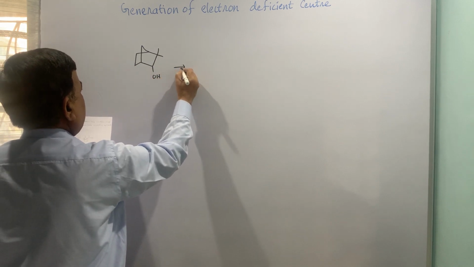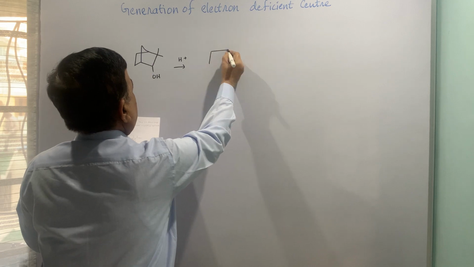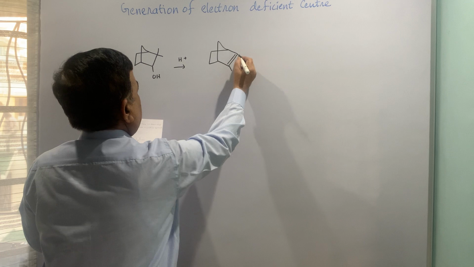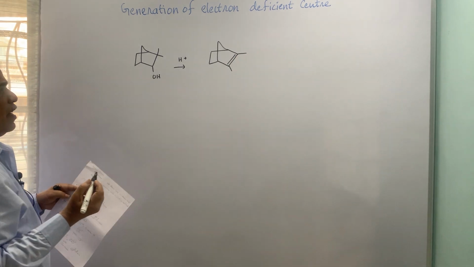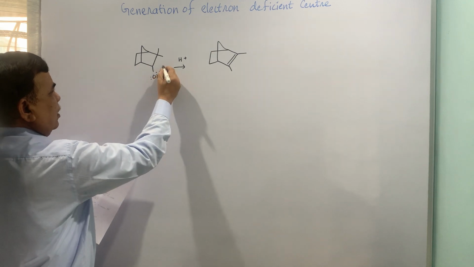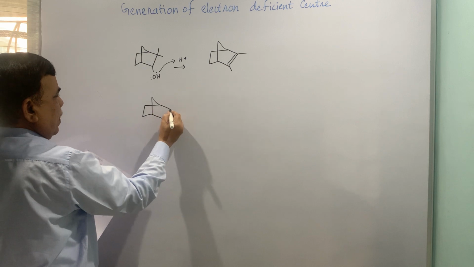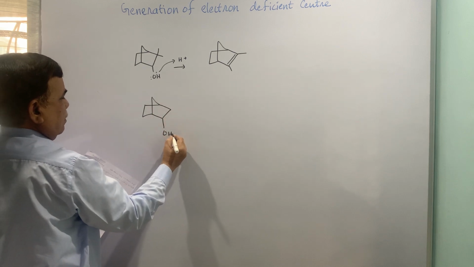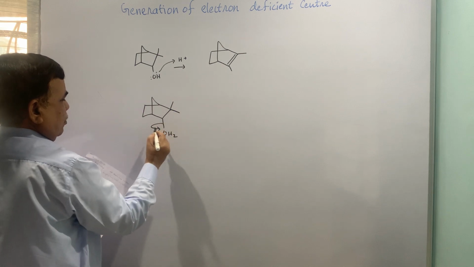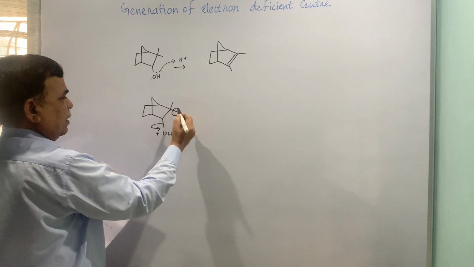This system is treated with H plus, and what we have is this rearranged product. So in the first step, what happens is this oxygen has got a lone pair of electrons, this becomes plus, this goes out, eventually generating a carbonium ion here.